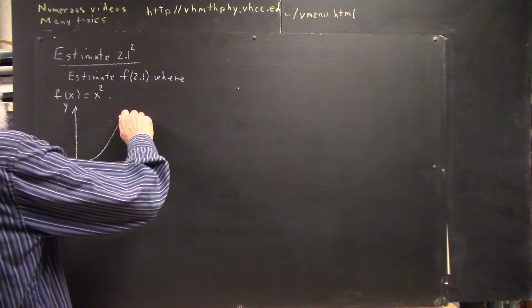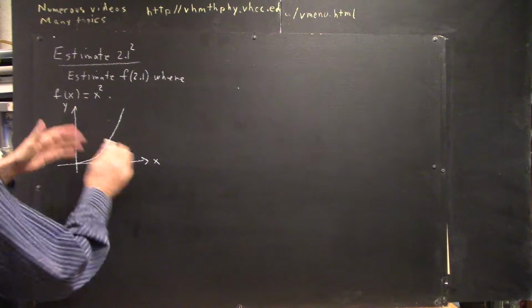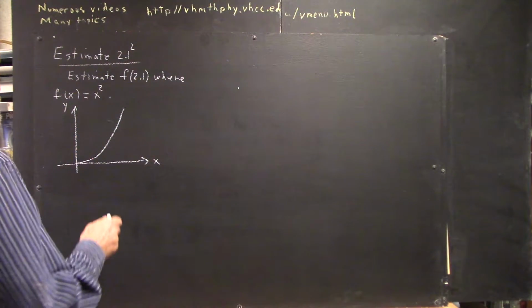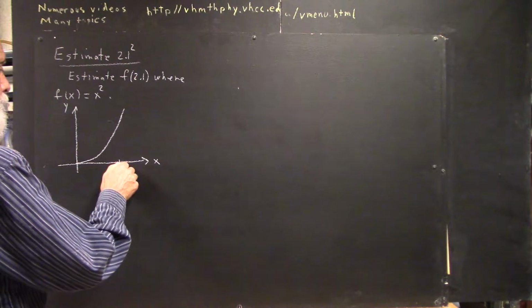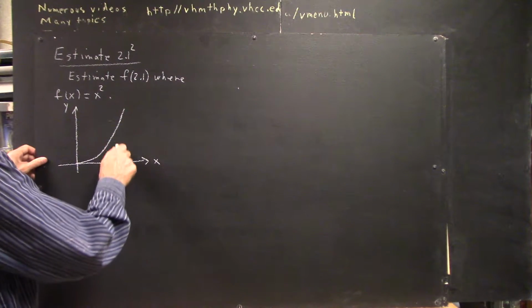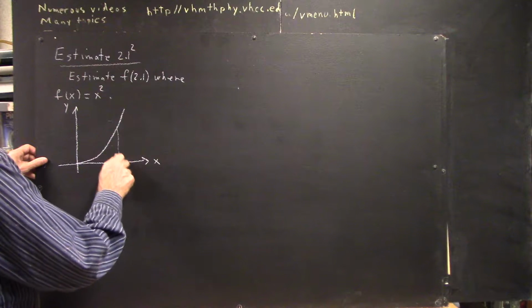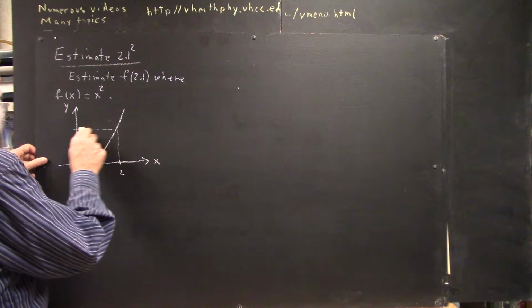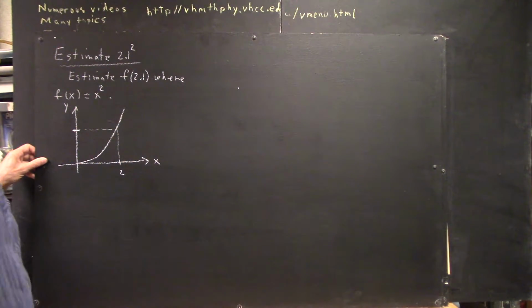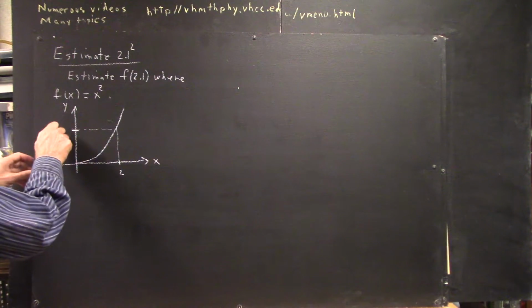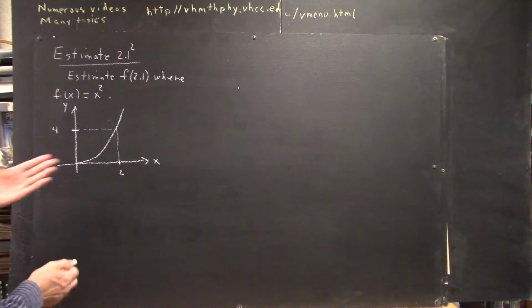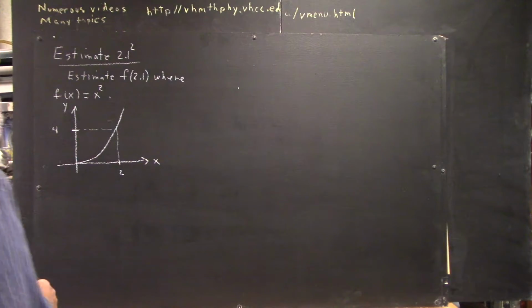I'm not going to assume that the y scale is identical to the x scale, but let's just say that x equals 2 right here. Now, when x equals 2, we can easily determine that y has to equal 4. So we have the point 2,4.